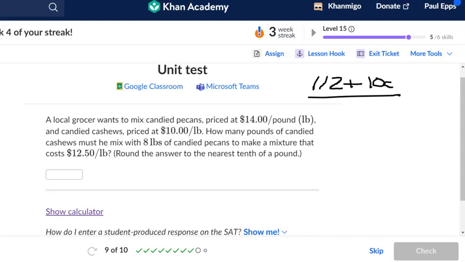So we've got to divide the total cost by 8 plus C. And that needs to equal 12.50, or 12.5 since I'm running out of space.